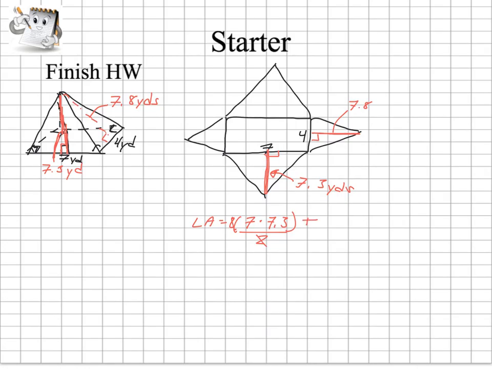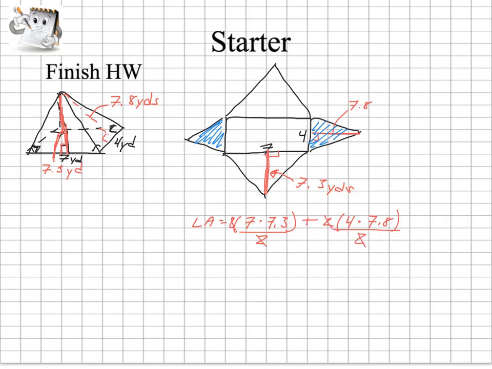And then I add to that the same thing on the other side. I'm going to have 2 times 4 times 7.8, because I have two of these smaller triangles, and again I divide by 2 and those 2s cancel out.